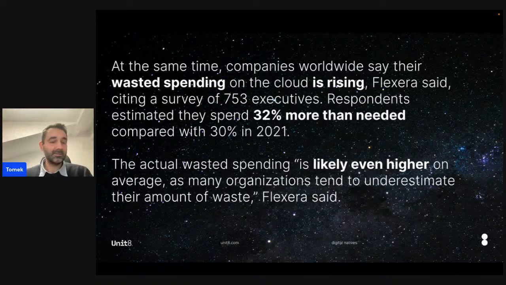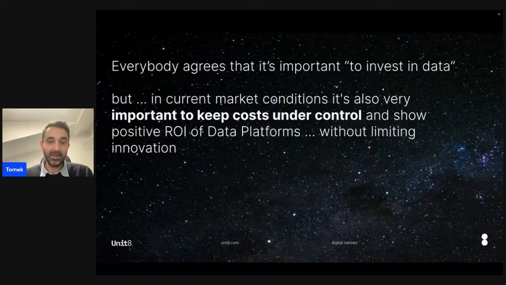And the estimates are that those numbers actually are much higher, and this number is only going to go up as our tooling advances and we're able to actually measure our waste even better. So cloud spend growing, waste growing, so a lot of money wasted.